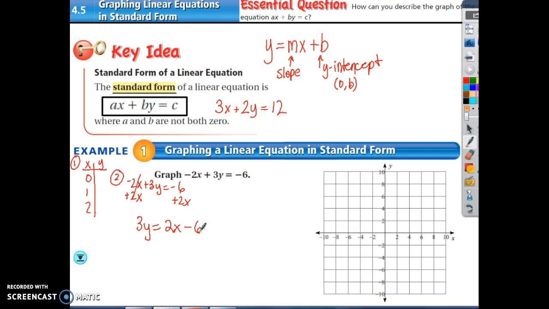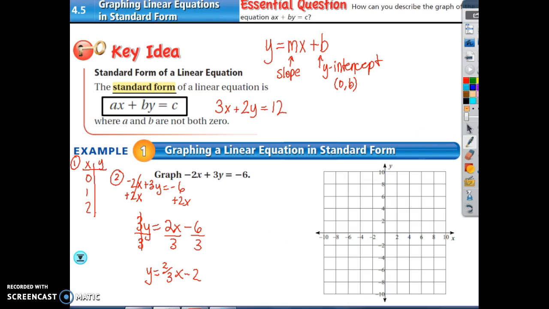But I'm not done because y is not alone yet. So I need to divide everything by 3. We divide everything, all 3 pieces, by 3, to get y is equal to 2 over 3 times x minus 2. From there, we can see our slope and our y-intercept and graph it from those pieces of information.